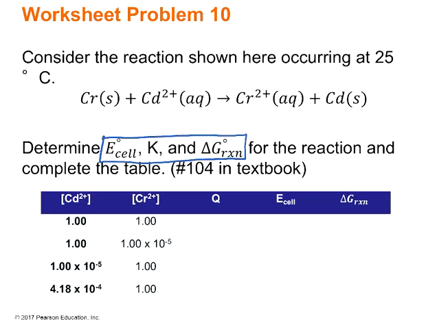Once you've done that, you can then go on to the table below, and you'll notice that we have different sets of concentrations for cadmium and chromium ions. So what you'll do is calculate the reaction quotient, and then you'll use the Nernst equation to determine what your cell potential is under non-standard conditions, and then you'll determine what delta G is under non-standard conditions.